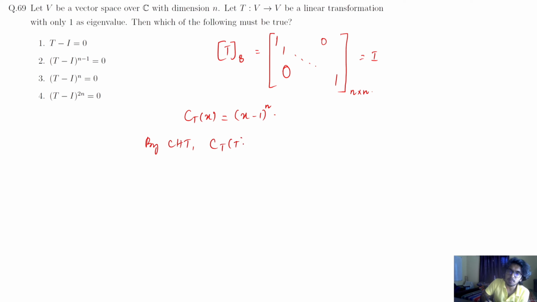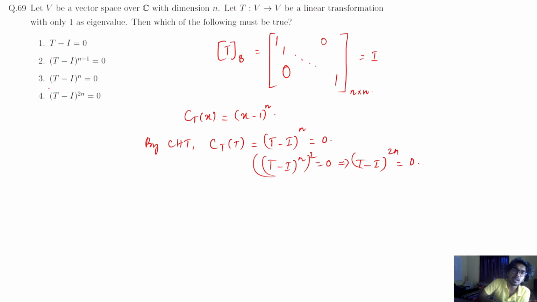The characteristic polynomial will satisfy the given matrix. Therefore, (T minus identity) to the power n is 0. If this is true, then the power 2n is also true. That is, (T minus identity) to the power 2n is 0. So we get options 3 and 4 are true in general. Just by the given information we have proved it.